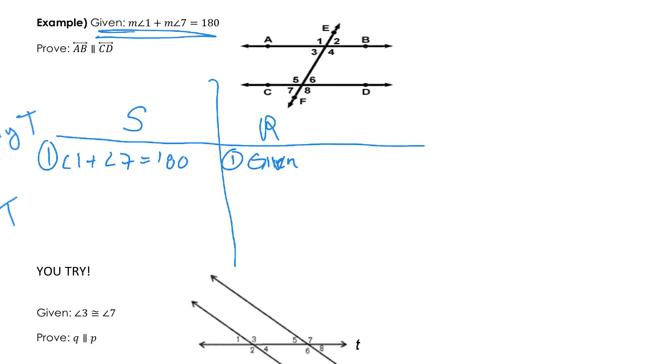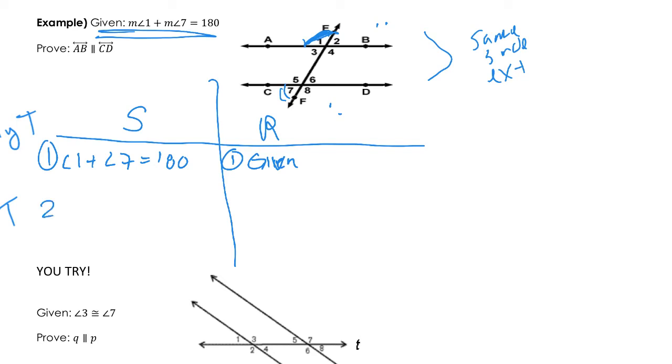Now let's label that on my diagram so I can start thinking about this problem. Angle 1 is here, and angle 7 is here. And they add up to 180, so I'm going to do one with 1 tick mark and one with 2. Now, what kind of angles are those? So if we annotate this really quick, these are same side, and they're outside the parallel line, so it's same side exterior.